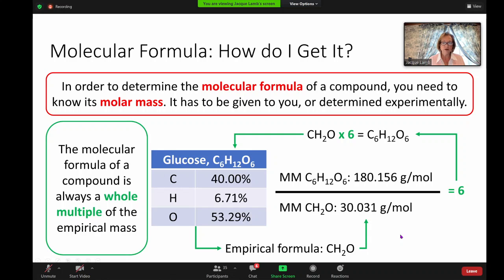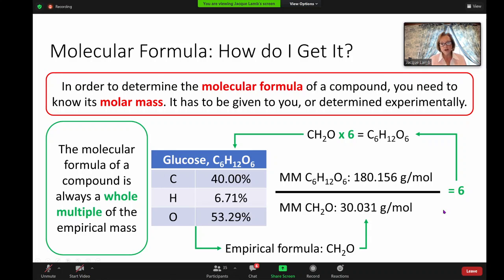The molar mass of the empirical formula, CH2O, is 30.031. The molar mass has to be a whole number multiple of the empirical mass. So if you divide the molar mass of glucose by the empirical mass, you end up with 6.